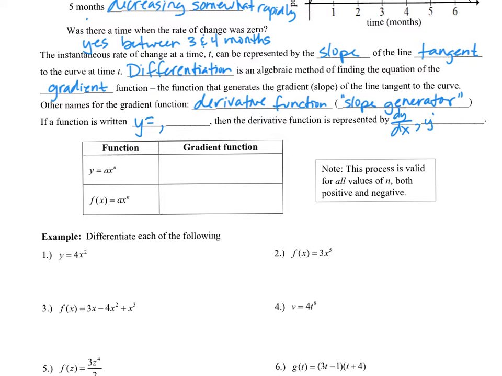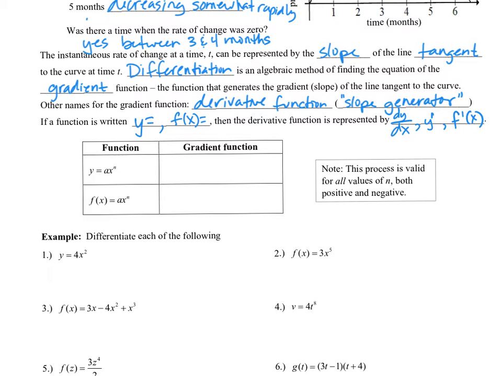If the function is written in standard function notation, f of x equals, then its derivative will look like this, f prime of x, okay? So dy dx, y prime, or f prime of x are all ways that we can write the derivative of a function.